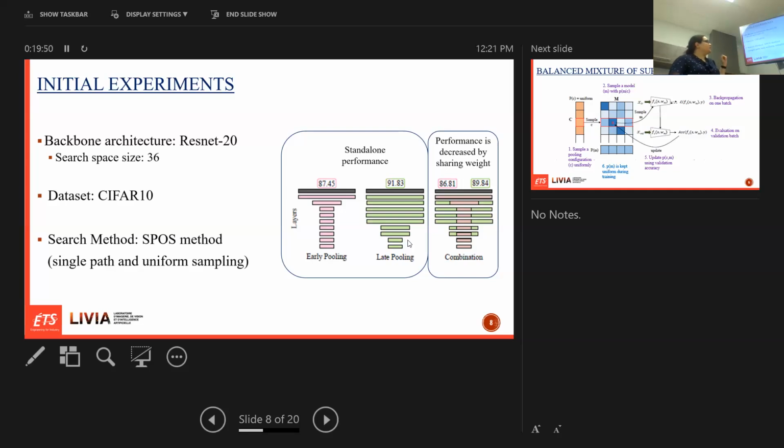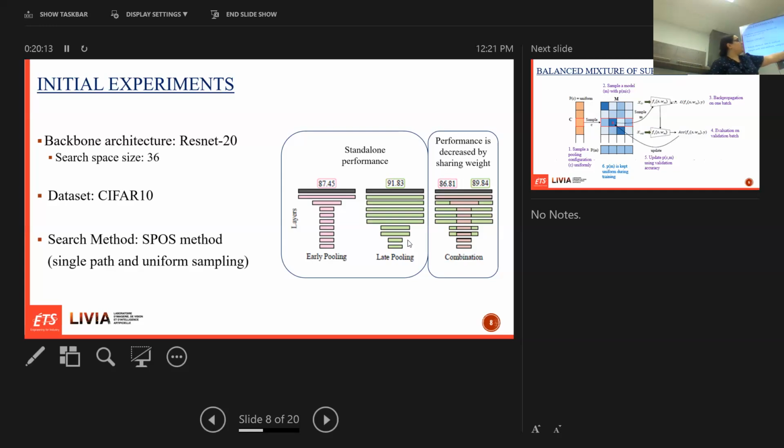We did our test on CIFAR10 and we used the SPOS method. The SPOS method does the single path and it also samples that path uniformly. So the only problem that we can have is the problem of poor rank correlation, as we discussed before.